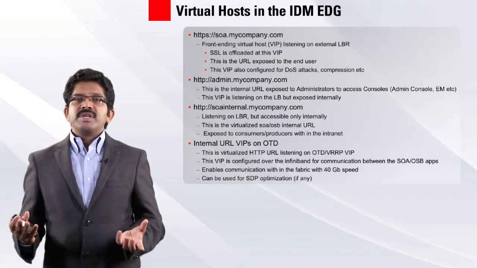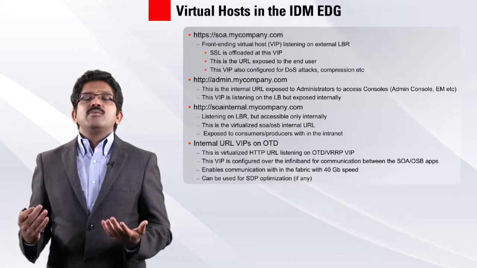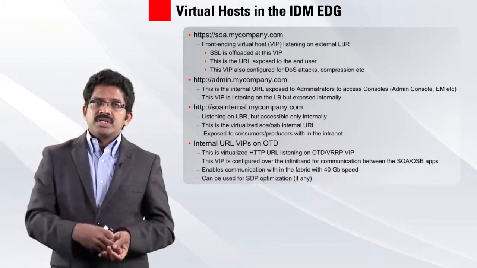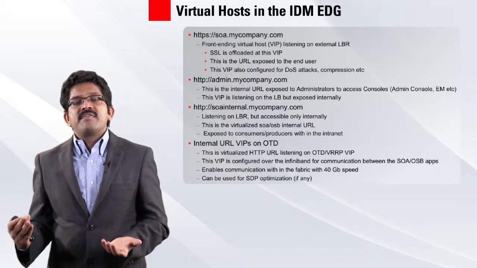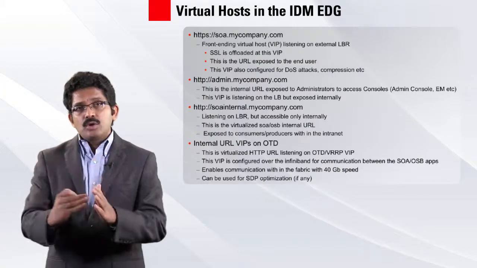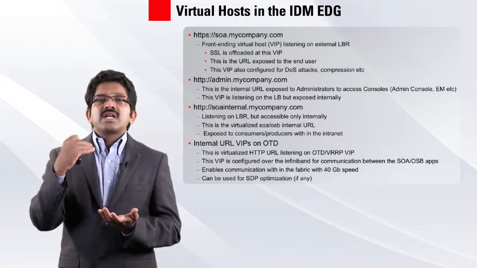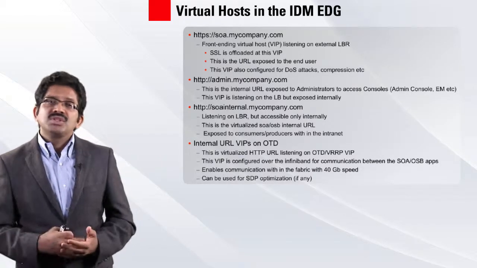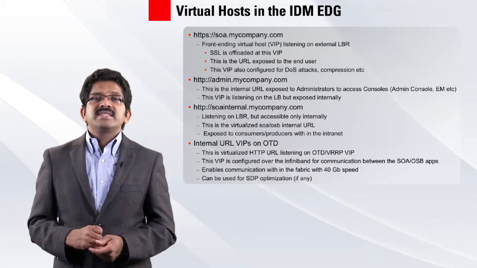So soa.mycompany.com is an SSL enabled VIP on the load balancer. It receives the request from the end user in an encrypted fashion, offloads the SSL at the load balancer level and transfers the request to the web listener in the DMZ, which may be OHS or OTD, in a non-SSL mode.